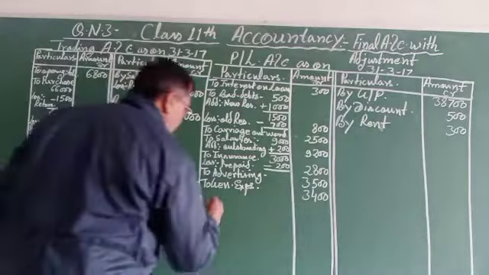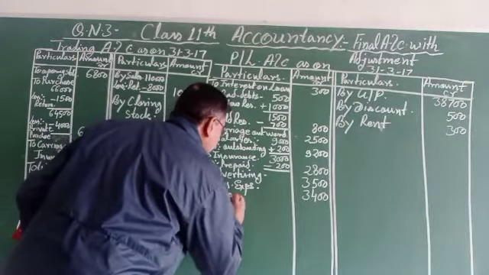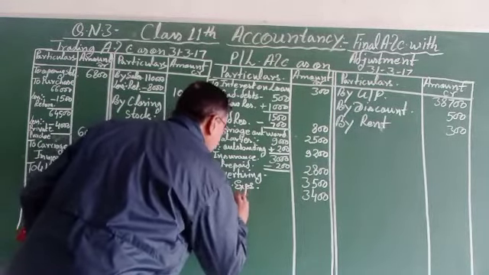So we can write depreciation, land and building 300, motor vehicle at 20%.